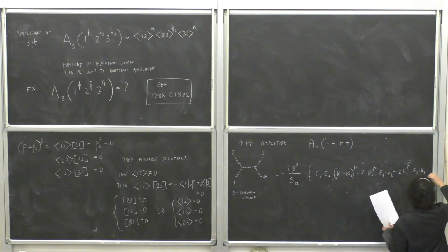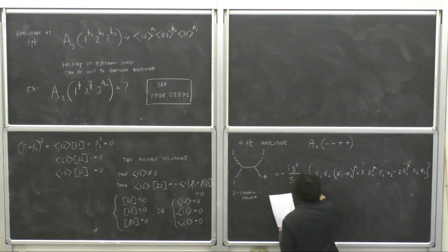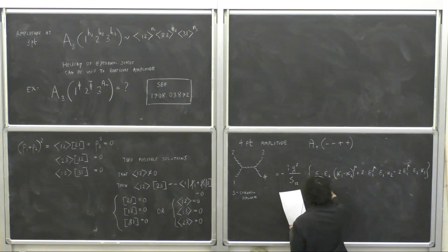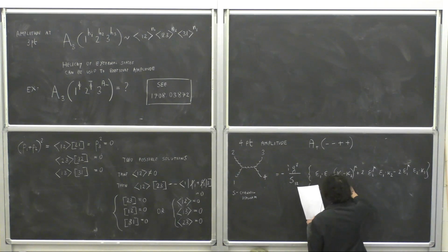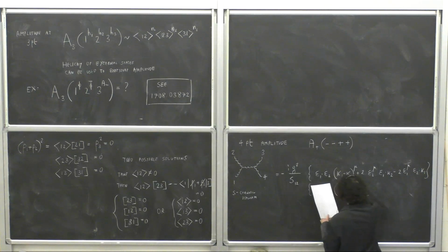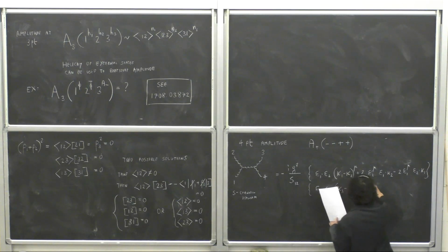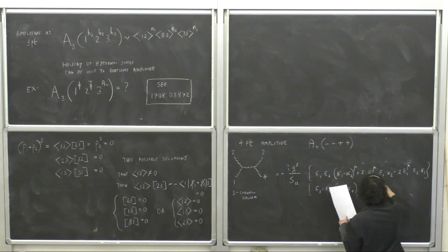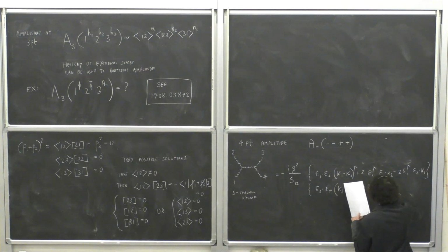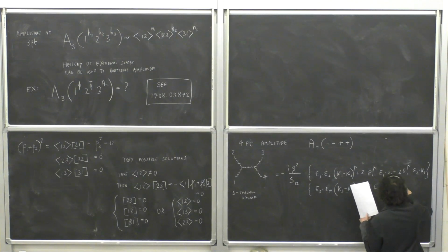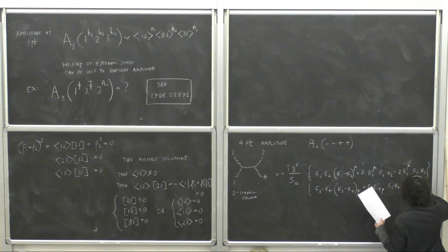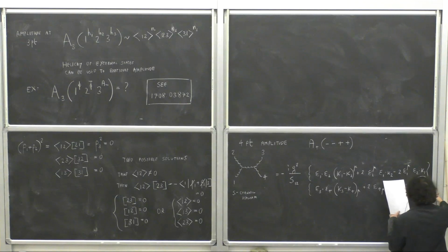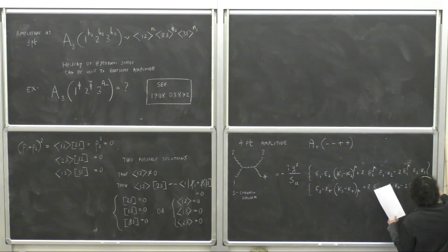So these terms are one vertex, and then the other vertex would be similarly obtained by sending 1 and 2 into 3 and 4. So I will represent this explicitly. So you have epsilon3 dotted into epsilon4, (k3 minus k4)_mu, plus 2 epsilon4_mu (epsilon3 dotted into k4), minus 2 epsilon3_mu (epsilon4 dotted into k3).